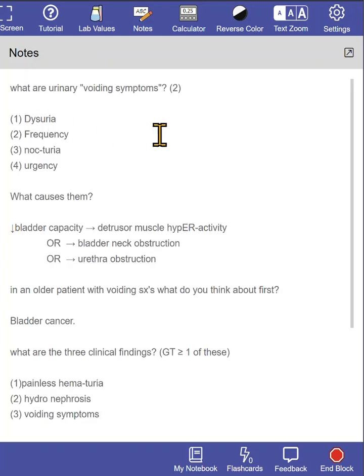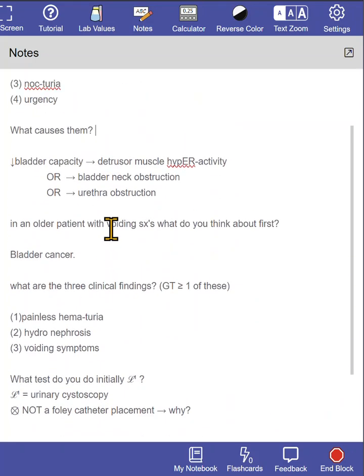What are urinary voiding symptoms? Dysuria, frequency, nocturia, and urgency. So there are the quote-unquote voiding symptoms of urination, basically. And what causes them? Decreased bladder capacity, so the detrusor muscle becomes hyperactive because the capacity is decreased.